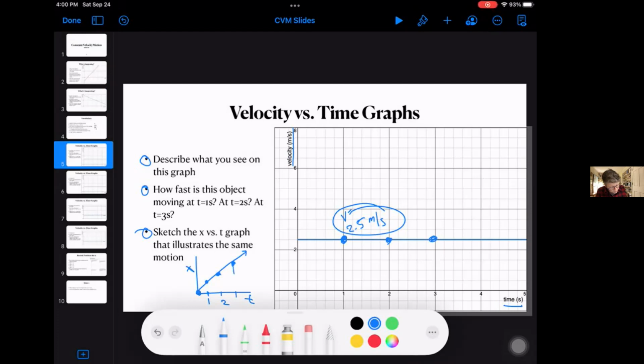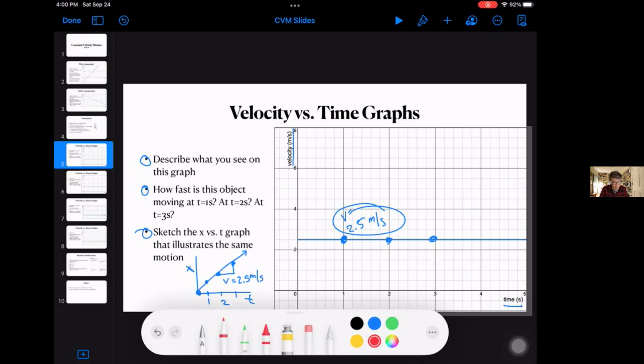What's the slope of that graph? It's defined as the velocity, change in position over change in time. What we should see here is that a velocity time graph displays the slope of a position time graph. Let me write that down for you.